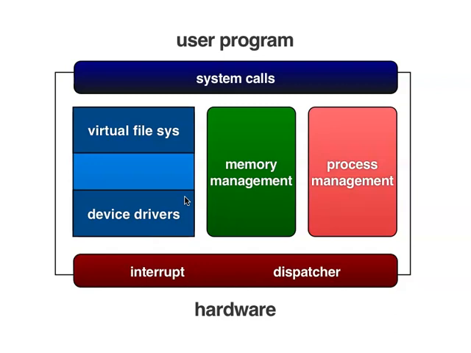For example, if you buy a new piece of hardware, let's say a tablet for your PC, your PC might not know how to talk to this tablet. So you need to install a device driver, and this device driver will talk to the OS and talk to the tablet.